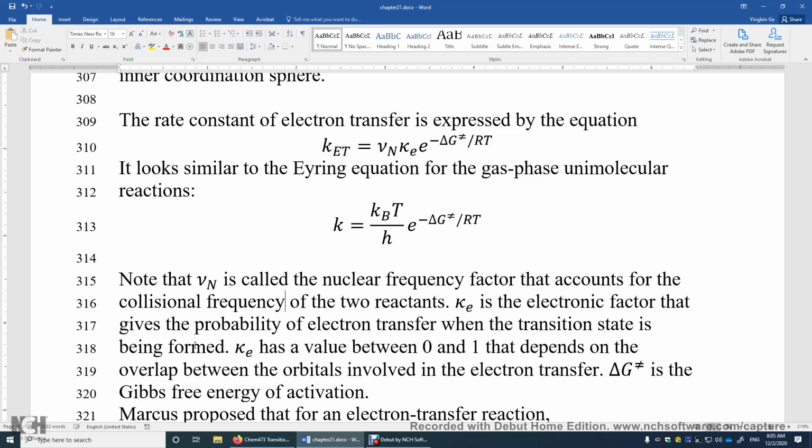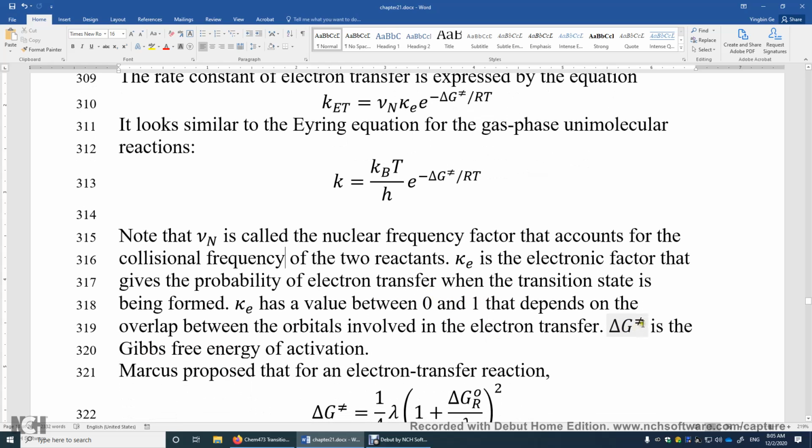And this kappa sub E has a value between 0 and 1, 0% to 100%, after the transition state is formed. Now finally, delta G double dagger is the Gibbs free energy of activation. And this is simply the Gibbs energy of the transition state minus the Gibbs energy of the reactants.